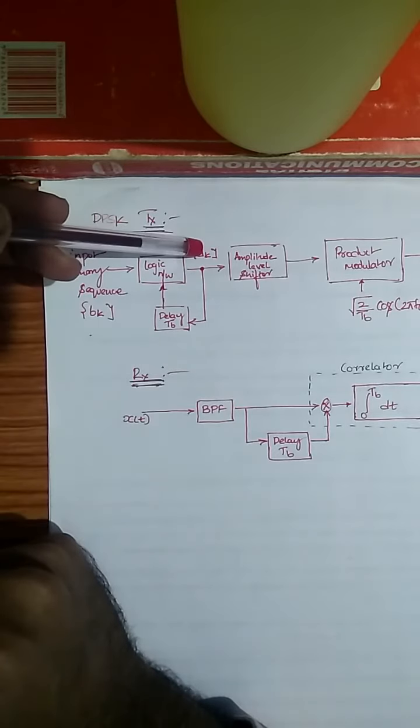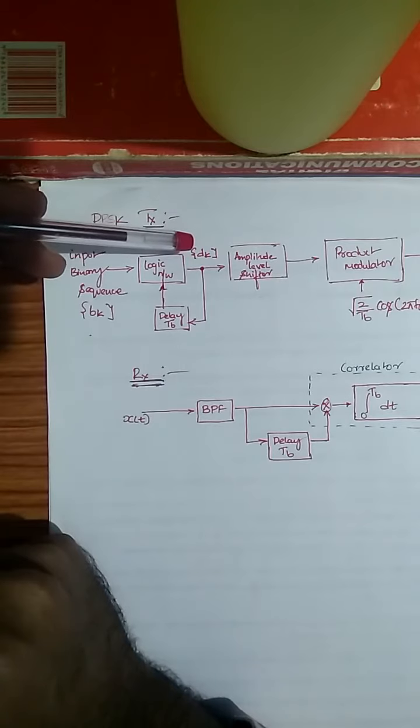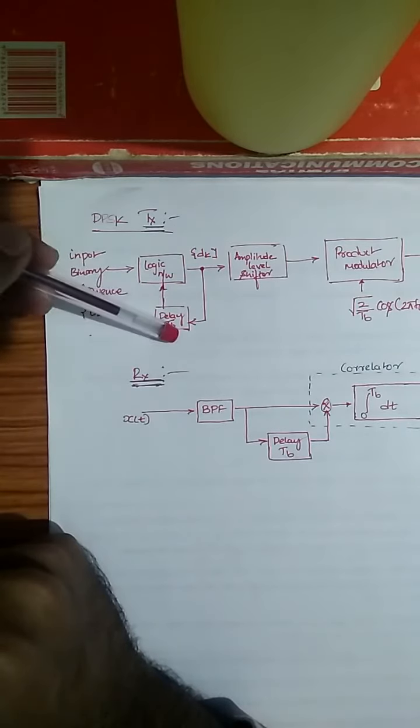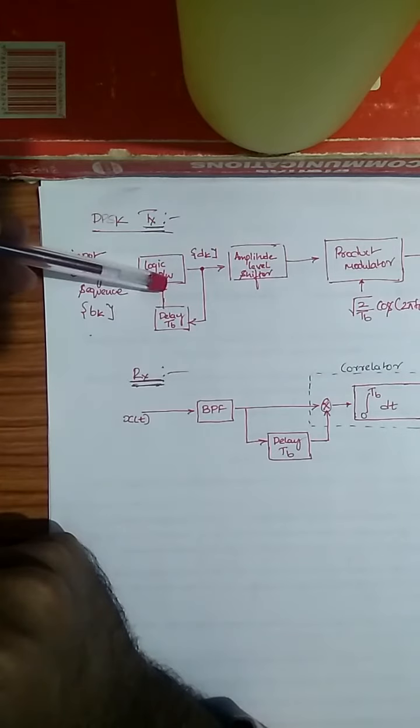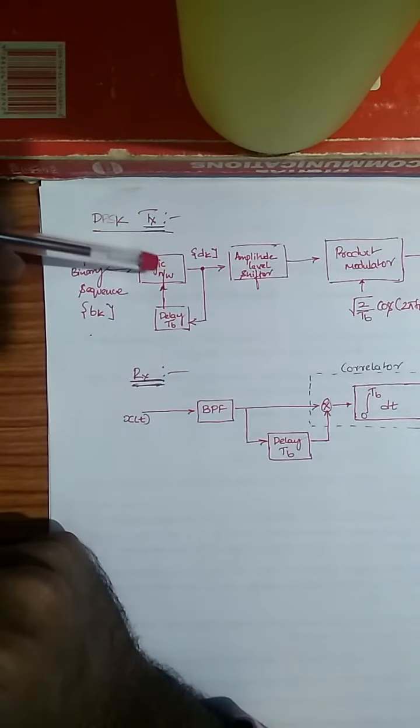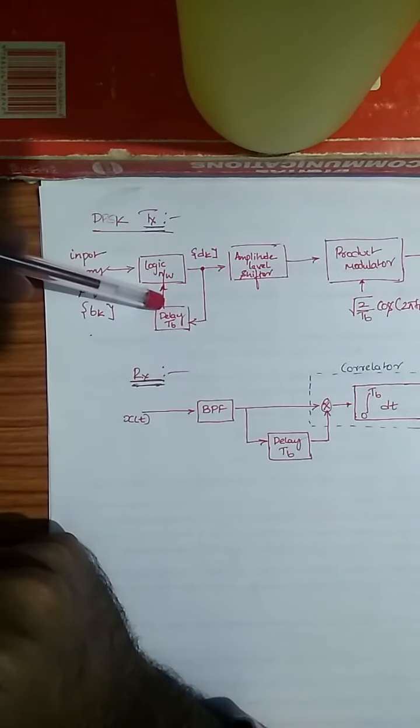So you will be getting d of k, or a differentially encoded signal. Basically I have a feedback which is delayed by one bit period, TB, and that is fed back to this logical network, so that whatever binary data I am getting will be differentially encoded with respect to the delayed version of its own.